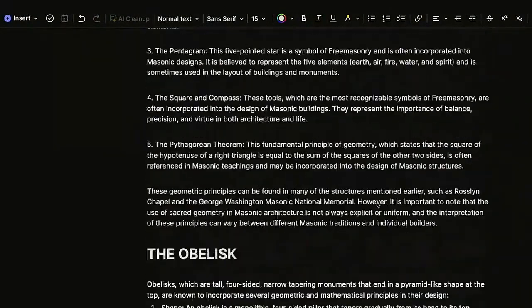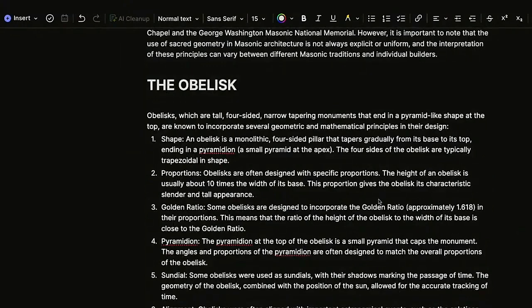What is encoded in the obelisk? The obelisk. They're tall, four-sided, narrow, tapering monuments that end in a pyramid-like shape at the top. They're known to incorporate several geometric and mathematical principles in their design. 1.